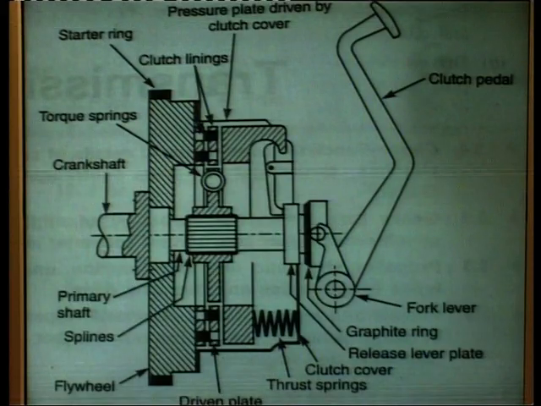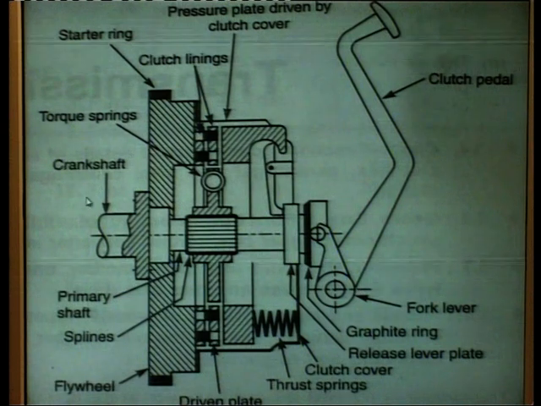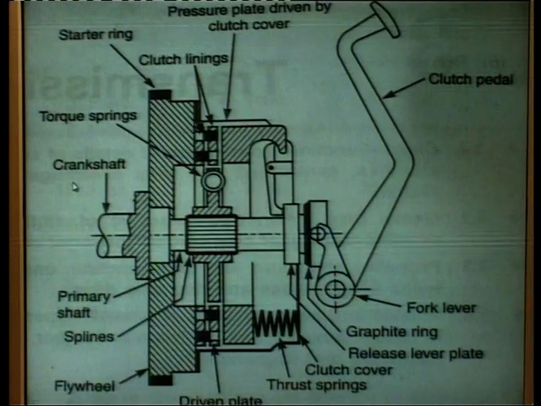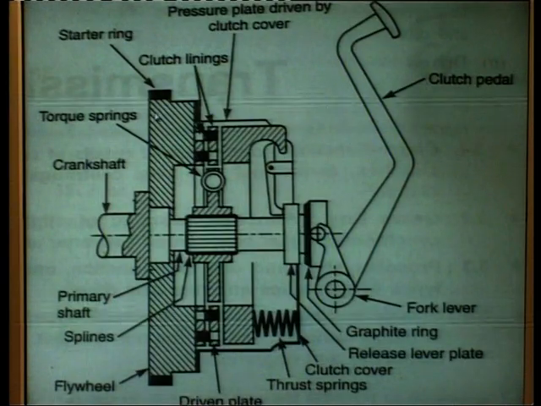Here is the figure for the single plate clutch. This is the crankshaft, that is the output of the engine. Then this is the flywheel.